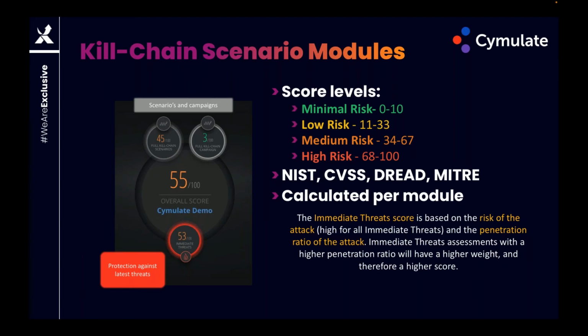They're looking at what is the risk of this attack, the risk of this threat, and what is the penetration ratio. And with a little algorithm or a little calculation there, will give you a scoring, and if the threat was successful, it will be added and, for example, give you a value of 60 or 70 if it's a high risk one. And all these different scorings lead up to the final score that you have on your Cymulate platform.